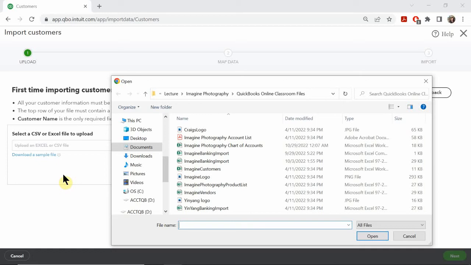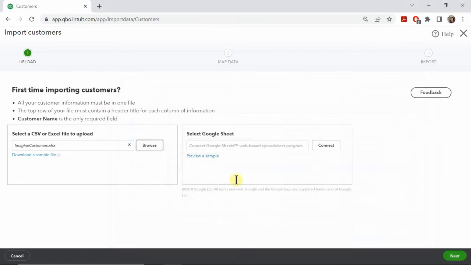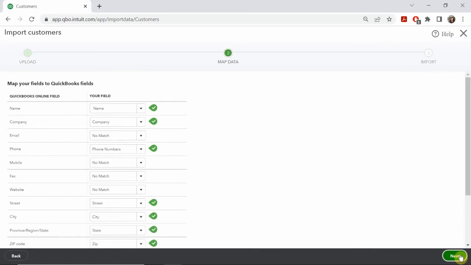You can import CSV files or Excel files. In this case, I am going to look for my Imagine customers list right here. Once I have that file, I'm going to click Next.